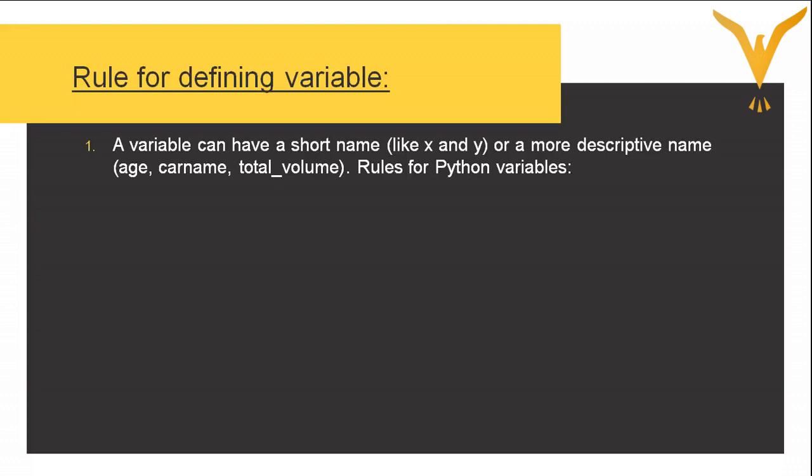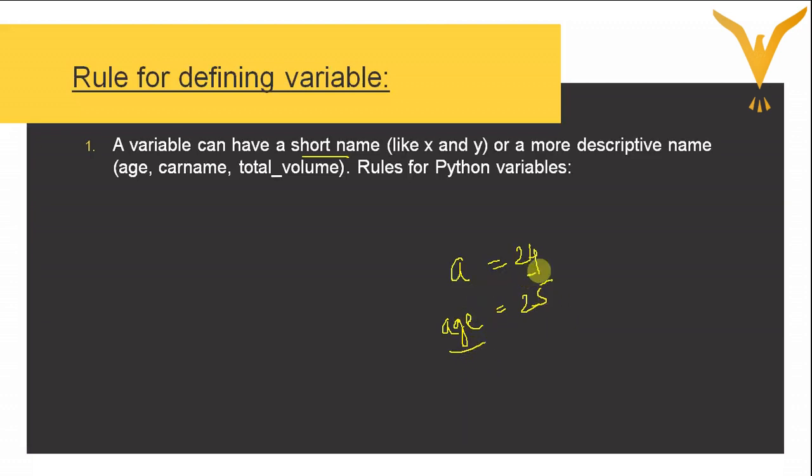Suppose you want to store an age, then you can create a variable called a and write 24, or you can give a more descriptive name like age, say 25. So a variable name can be short, like ab or xy, or it can be more descriptive, such as age. It is always better to use a more descriptive name, because we then know which value it is.